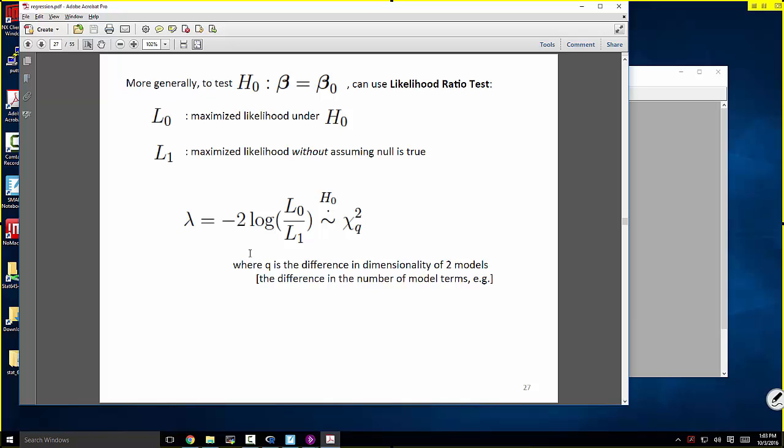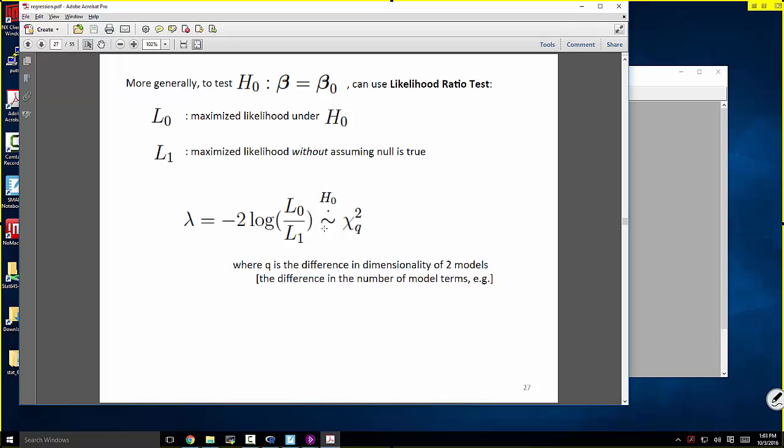And then this expression is a way that we can do inference. If we have those two likelihoods, L0 and L1, then we can compute this lambda test statistic. It's equal to -2 times the log likelihood ratio: -2 times the log of the restricted likelihood divided by the unrestricted likelihood.